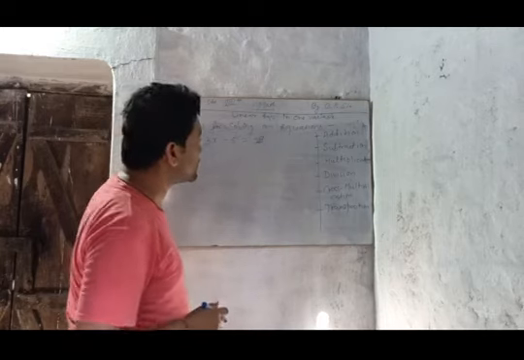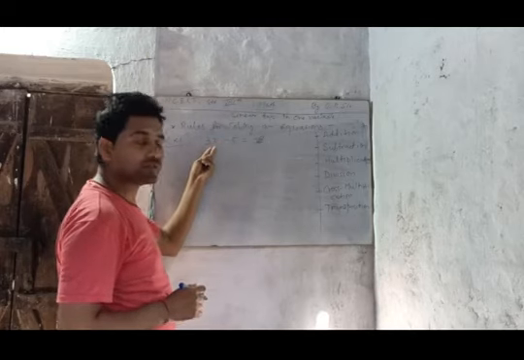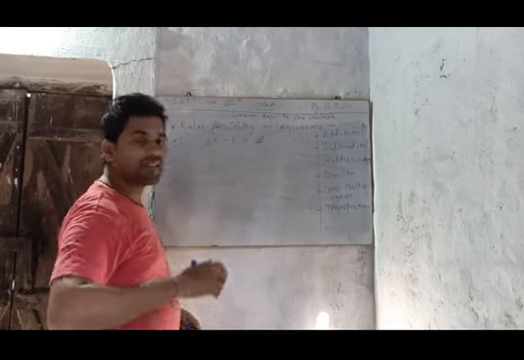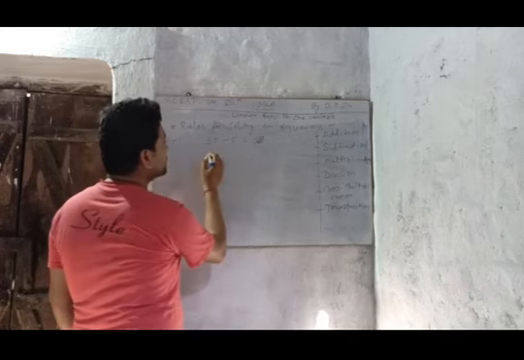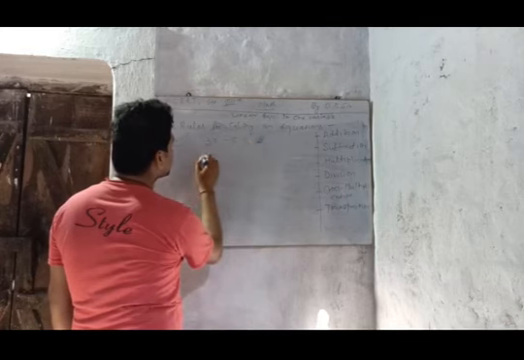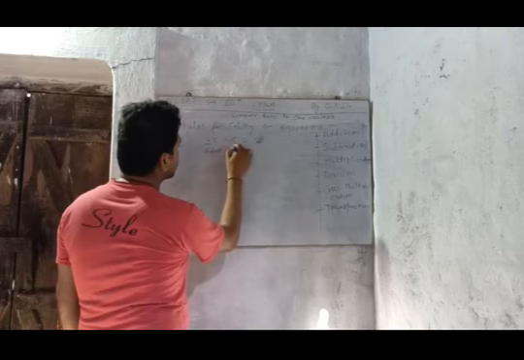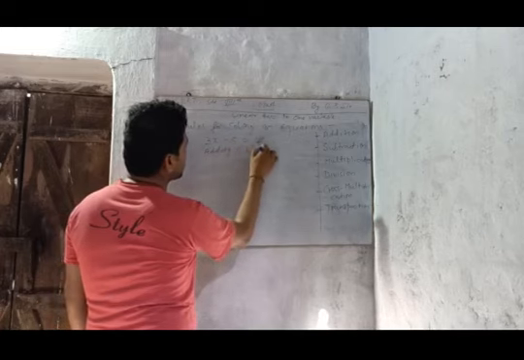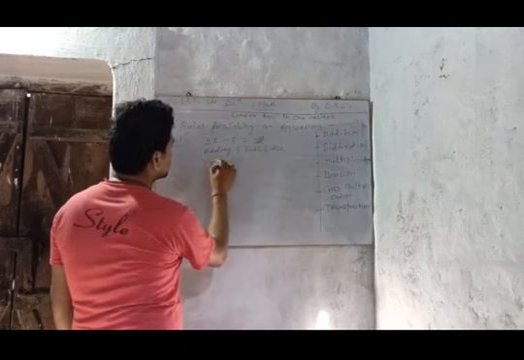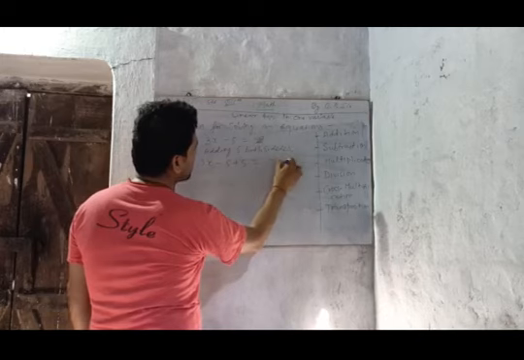Now dear student, as 5 is subtracted from 3x, our first step will be what? We will add 5 to both sides. So 3x minus 5 plus 5 is equal to 9 plus 5.